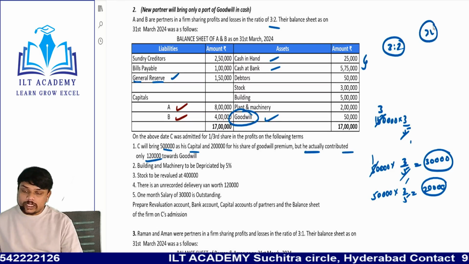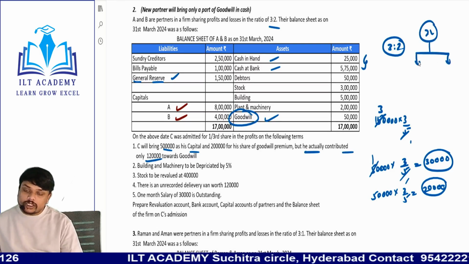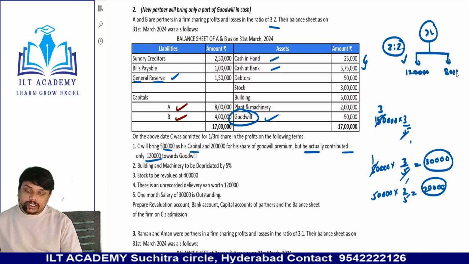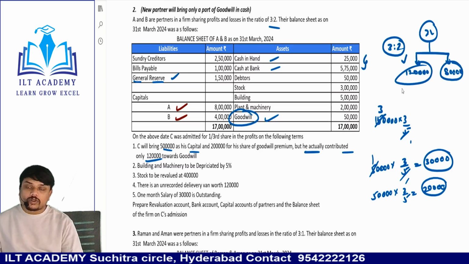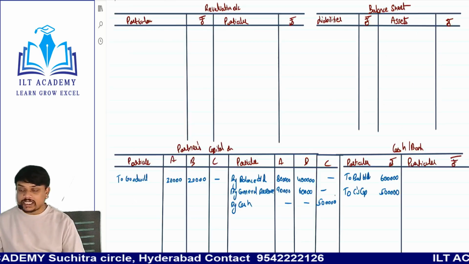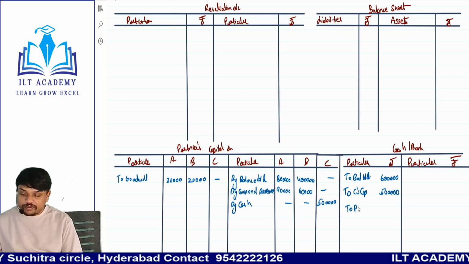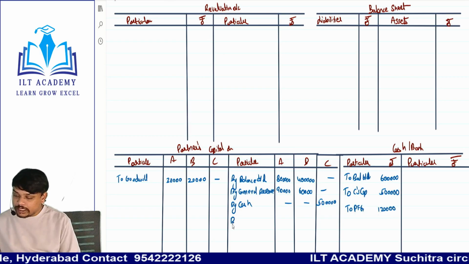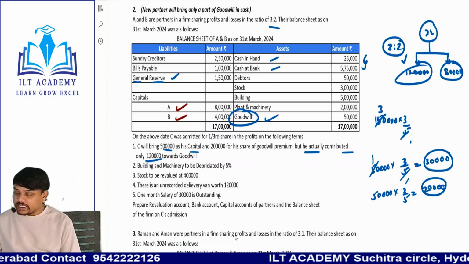Now 2 lakhs is the total goodwill, but he brought 1,20,000, and the remaining 80,000 he needs to bring. So for the 1,20,000 which he brought, same as last time, cash to premium for goodwill 1,20,000, and by premium for goodwill, which will be shared among the sacrificing ratio.